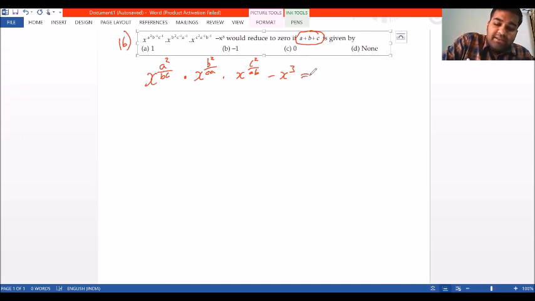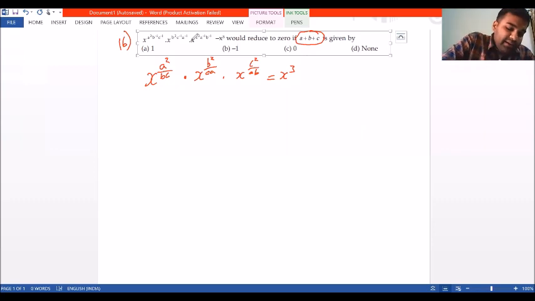It means minus x cube is equal to 0. Now I can bring this minus x cube to the RHS, so x to the power of a square by bc into x to the power of b square by ca into x to the power of c square by ab is equal to x cube.